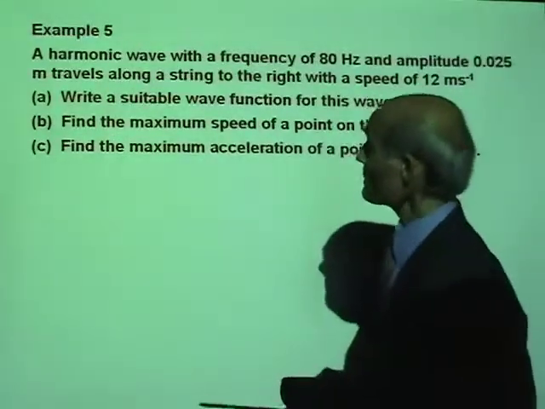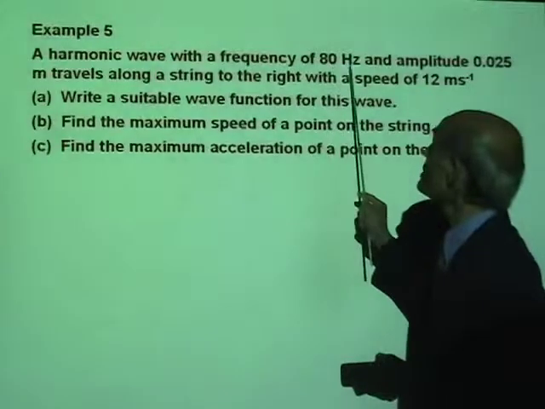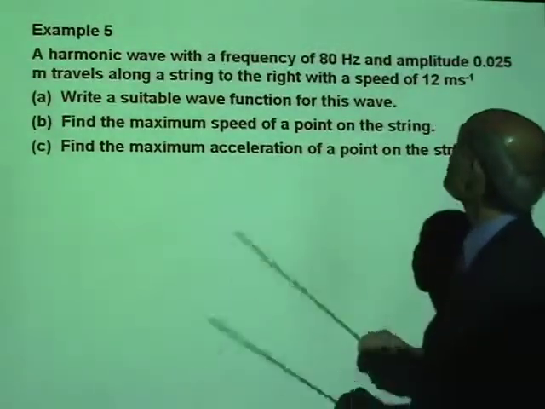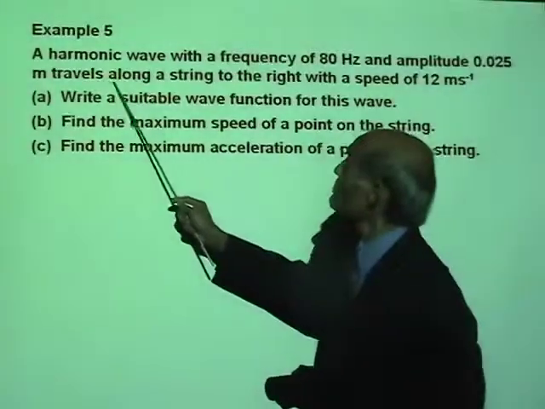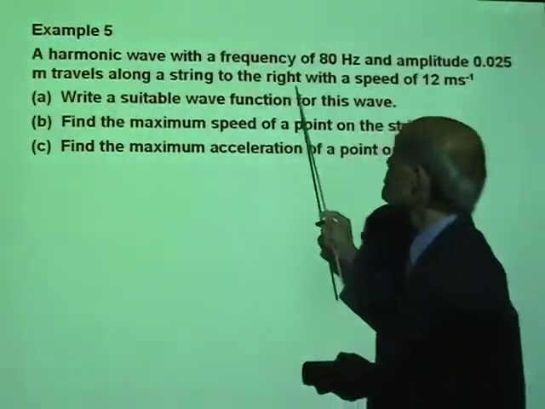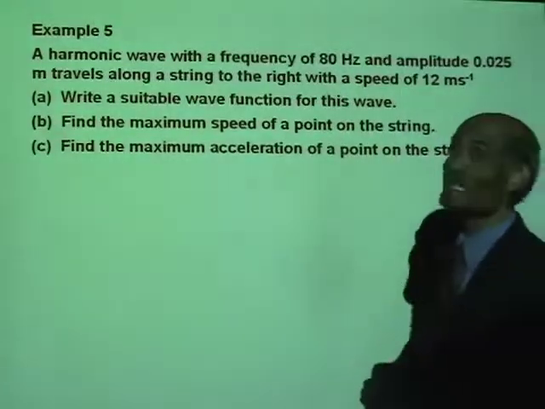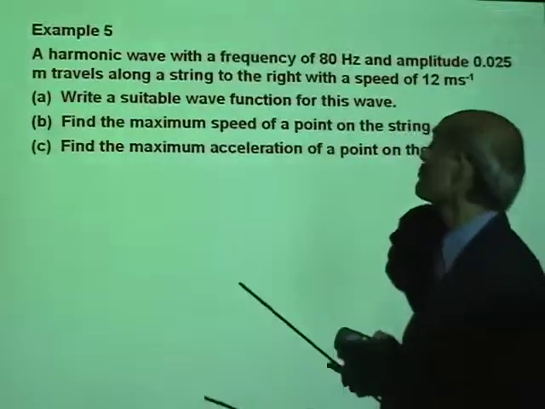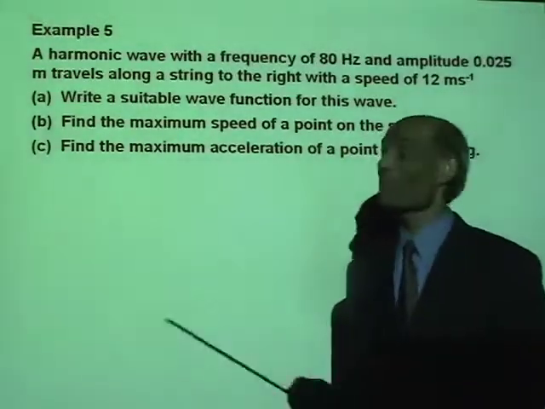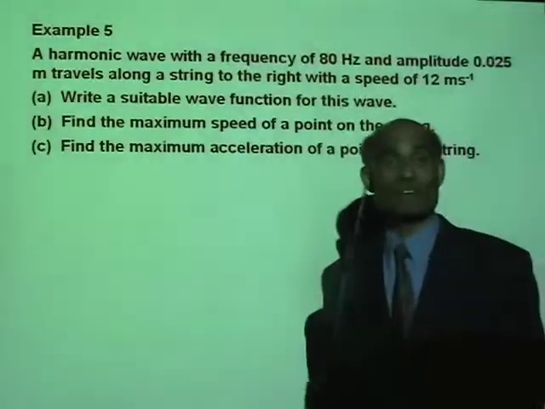Another one. A harmonic wave with a frequency of 80 hertz and amplitude 0.025 meter travels along a string to the right with a speed of 12 meter per second. Write a suitable wave function for this wave. Find the maximum speed of a point on the string.